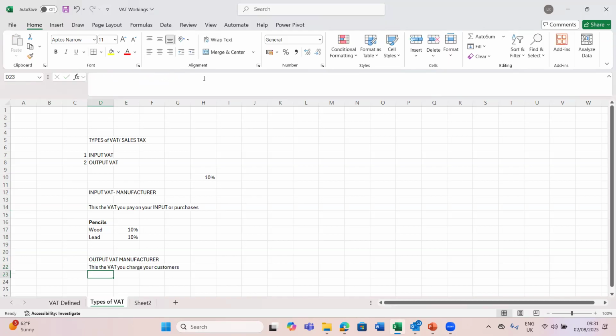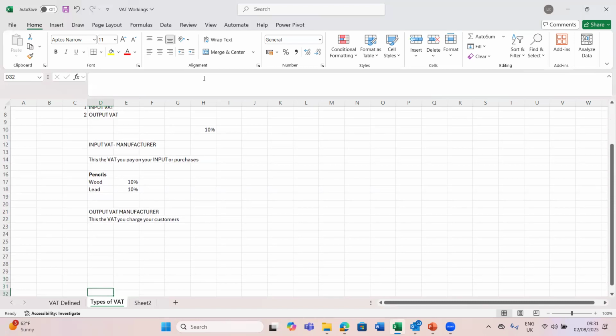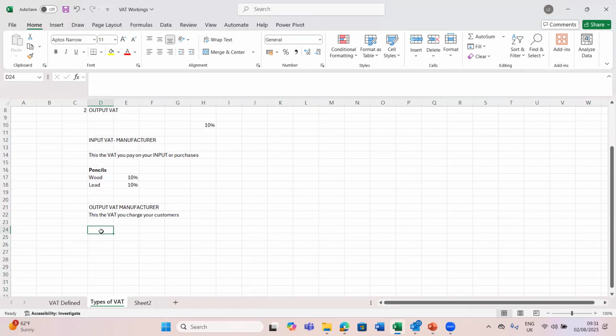For instance, having manufactured the pencils at a cost of, let's say, 80, I've also added $20,000 as my profit.